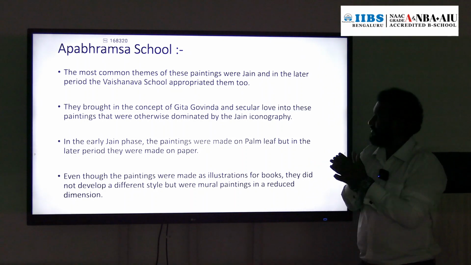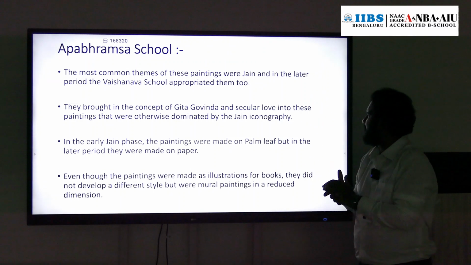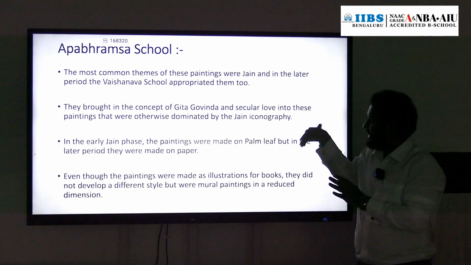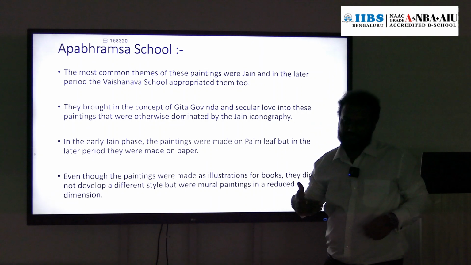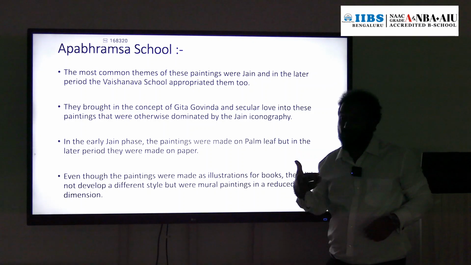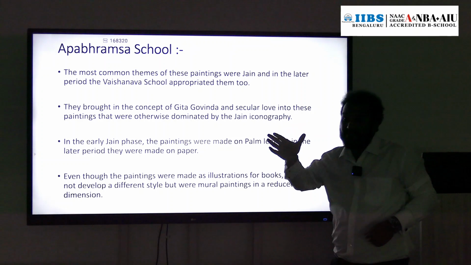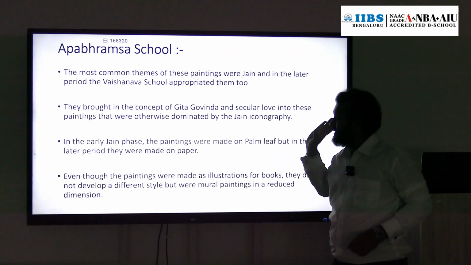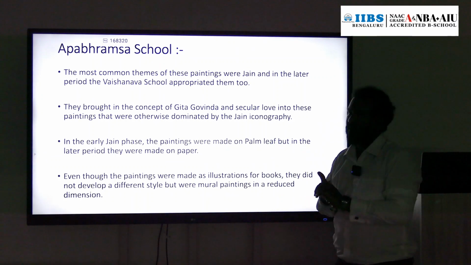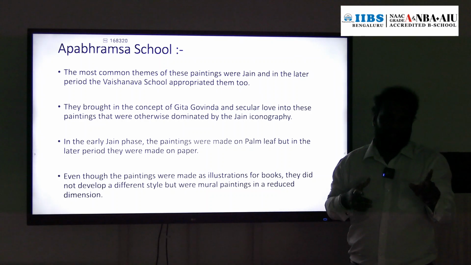Apabhramsa painting. The most common theme in these paintings is Jain, and later the Vaishnava Rajput rulers introduced the Vaishnavism theme in these paintings. They brought the concept of Gita Govindam. You know Gita Govindam, not a movie, it is a book.